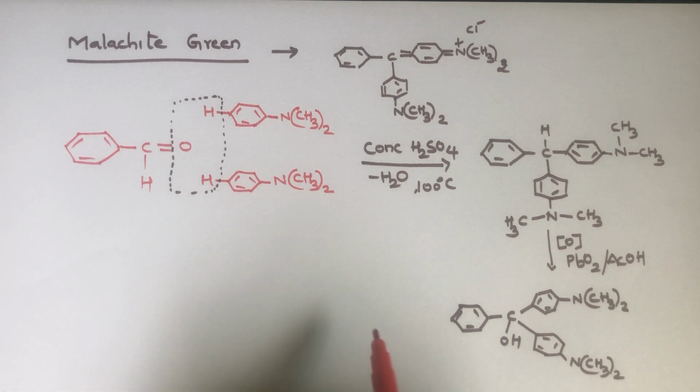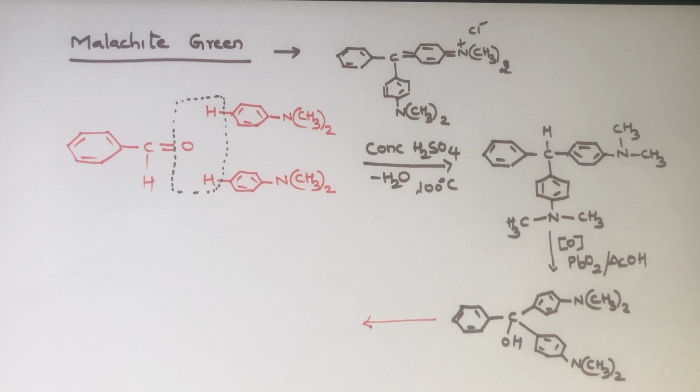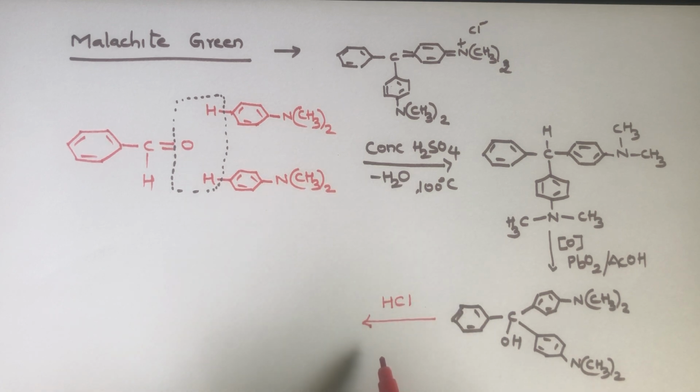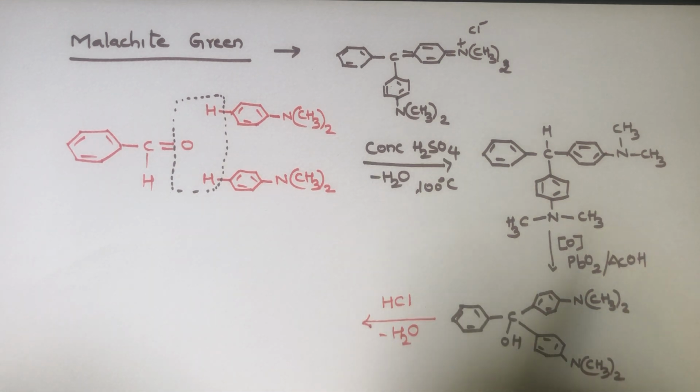Next, the carbinol base, when treated with excess of HCl, we obtain malachite green. See what happens when you add this HCl. This lone pair of electrons shifts here to form a double bond. This double bond will shift here.